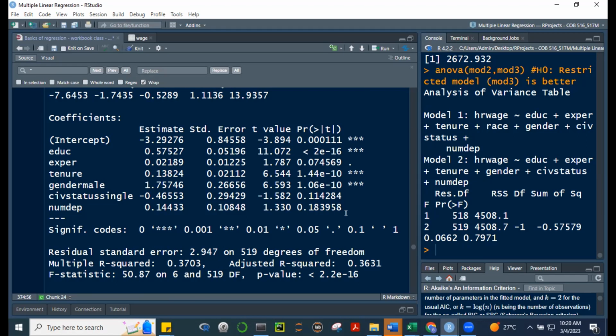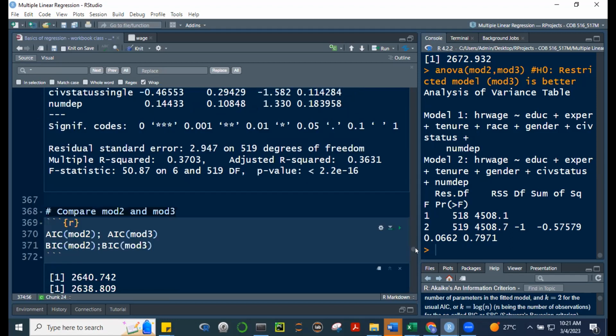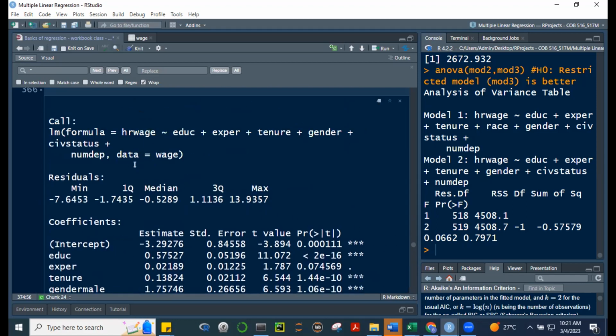We will have to remove one variable. Number of dependents already, sir. Yes, correct. Number of dependents, because experience has 1.7, civil status has 1.5, number of experience 1.33. So we're going to remove number of dependents. Okay, so let's copy our formula here.